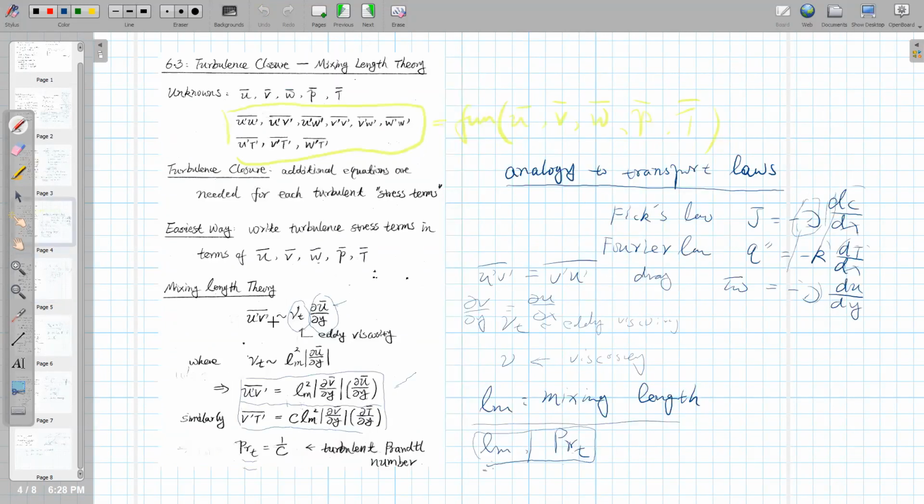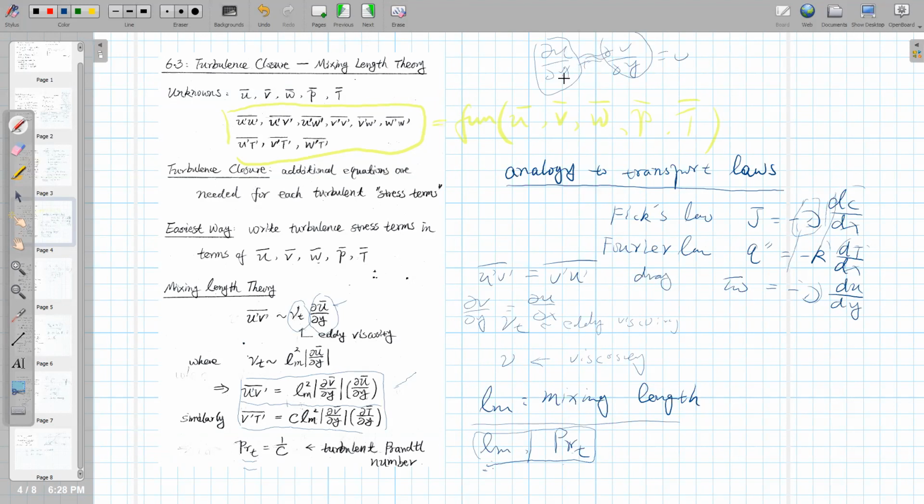If you get interested, you can try to read about the mixing length theory. But most of the time, mixing length theory is developed from the 2D cases. In the 2D cases, because of continuity, partial u partial x plus partial v partial y equals 0, there is exchanging between these two; their magnitude is the same.